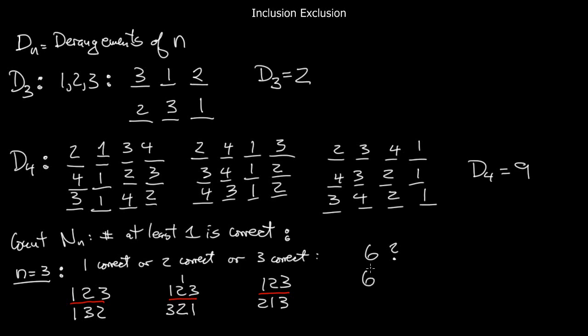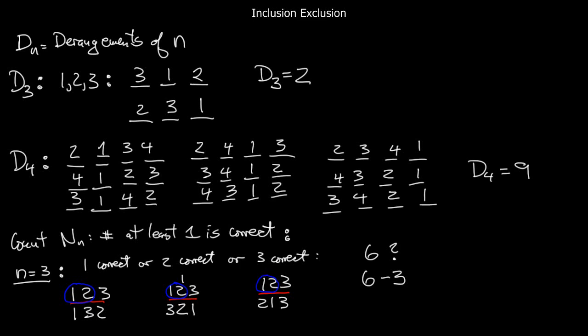Okay, well, how do we account for this? So it's going to be 6 minus 3, and the 3 is because of this 1, 2, 3 counted 3 times, but let's look a little more closely. The point is, how many ways could I have at least 2 numbers in the correct position? Well, I could have 1 and 2 be correct. That happens here, here, and here.